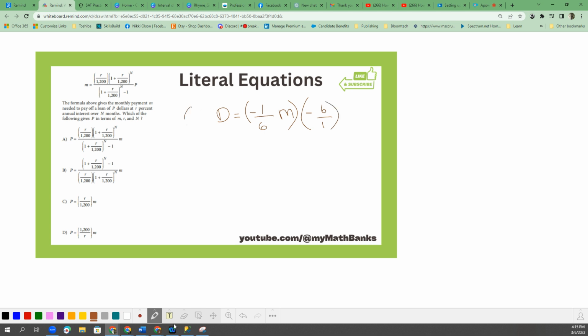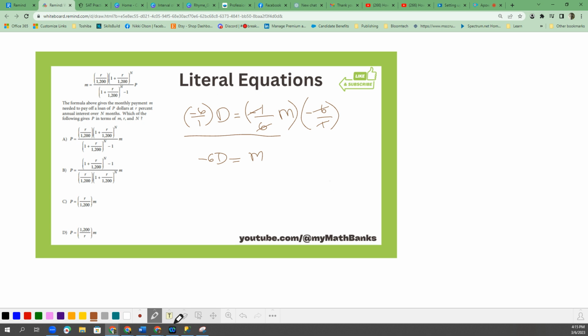So I have to multiply the other side by 6 over 1 as well. On the left side, you have negative 6D equals, well, this negative and this negative 1 will cancel out, that 6 and 6 will cancel out, so that's your M. So you technically just rewrote this equation as M in terms of D.